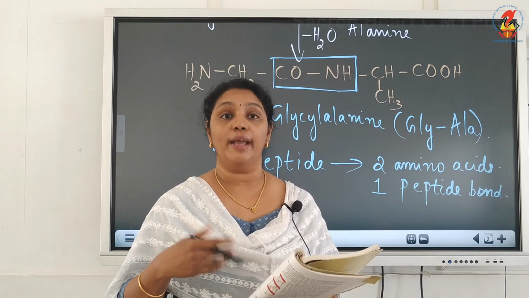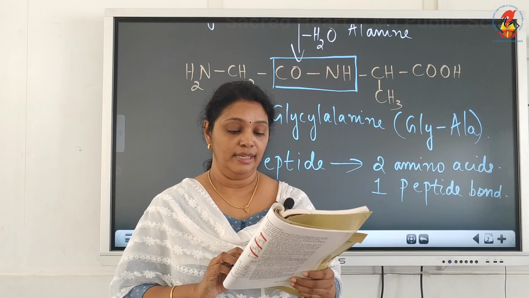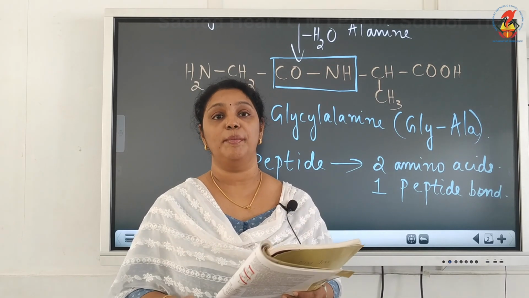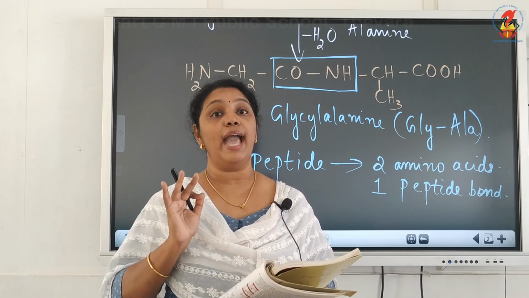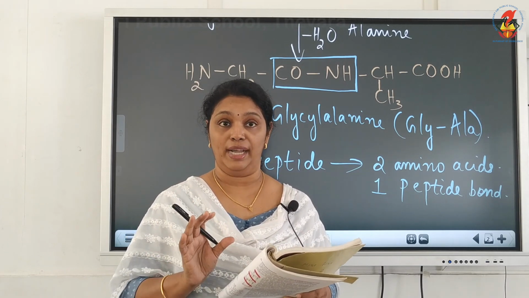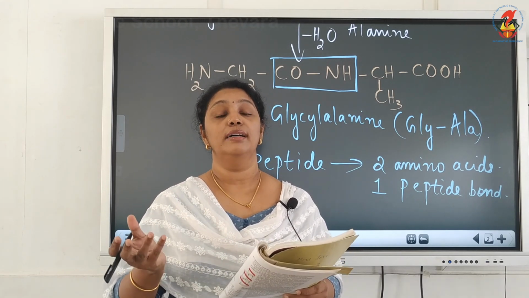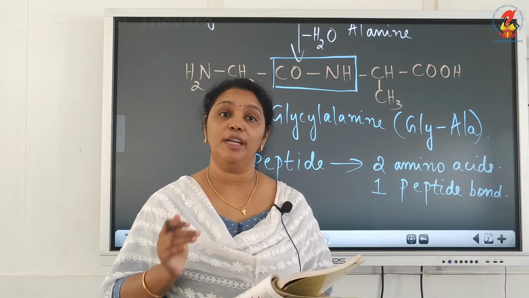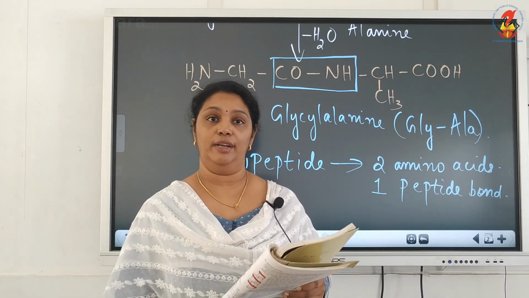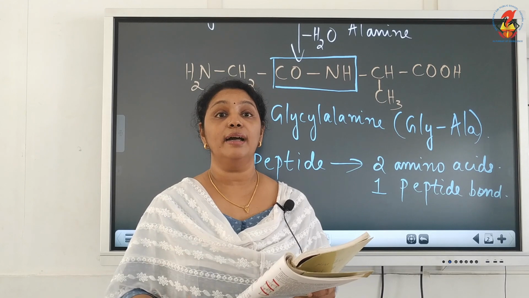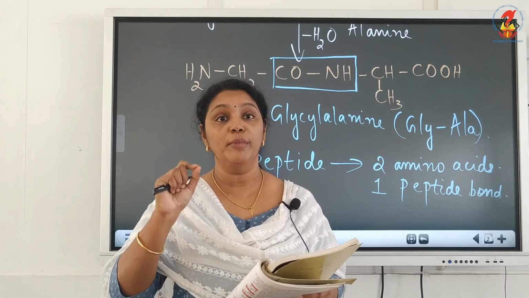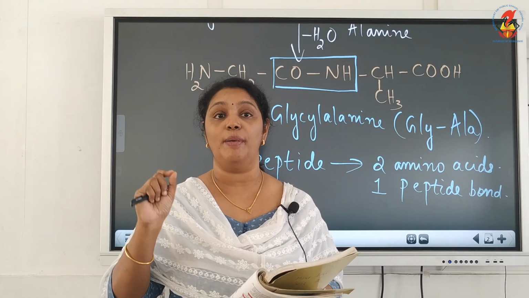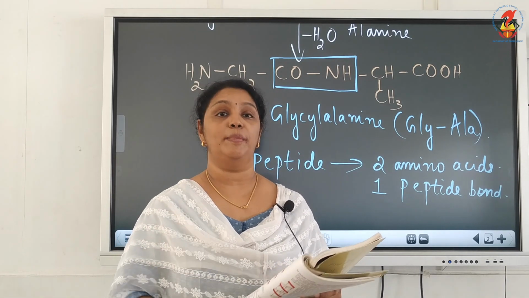Now, we can have tripeptide, tetrapeptide, then pentapeptide, hexapeptide, etc. When I say tripeptide, we have three amino acid molecules that combine, and how many peptide bonds are formed? Two peptide bonds. Tetrapeptide means four amino acids have combined, and there are only three peptide bonds.